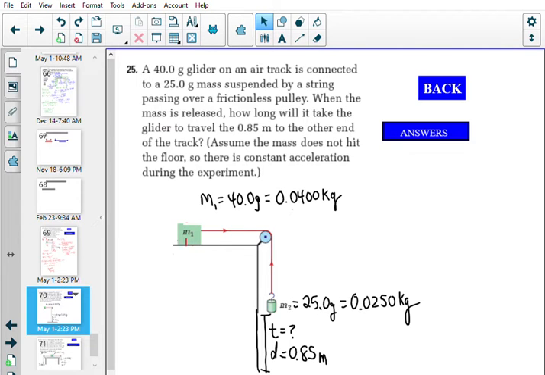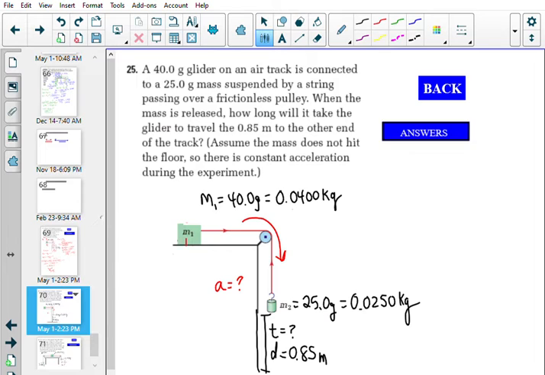And so what it's going to do is accelerate downward. We're going to be able to find an acceleration. And once we have that acceleration, we can use that with that data and work out the time it takes to hit the ground.